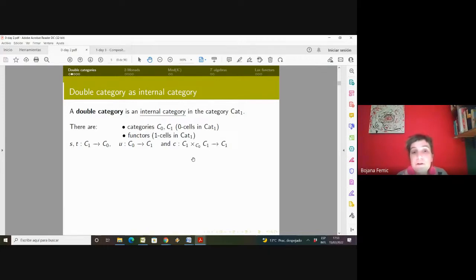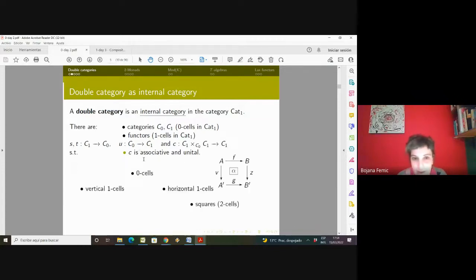But in general, an internal category is defined with respect to a category that has pullbacks. So here, Cat1 has pullbacks, and we are okay. Now, this composition functor is required to be associative and unital with respect to this unit functor. So let's come back to my scheme that I was telling you.